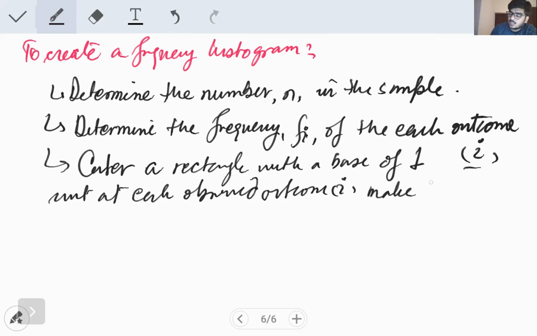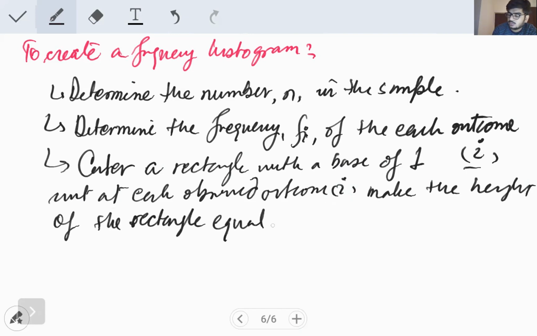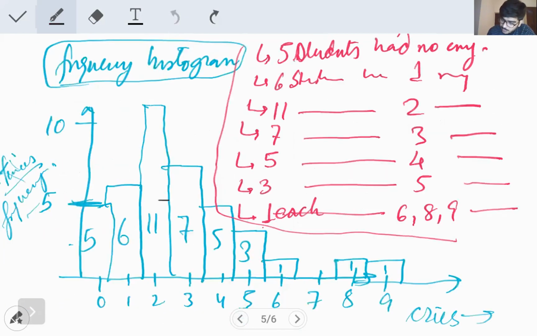And make the height of the rectangle equal to the frequency. As we have done it over here, we made a base of 1 unit each, and then we made a rectangle using this, with the height equal to the frequency, right? So this was the last step that we have seen.